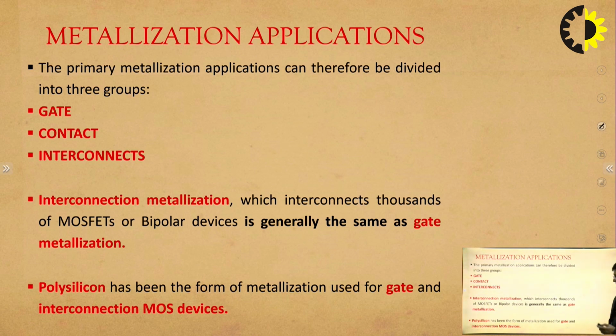As I just told you, that interconnection is nothing but the connection of different transistors with the help of a metal layer. That is interconnection. And interconnection involves aluminium, polysilicon, the material that we use for interconnection.